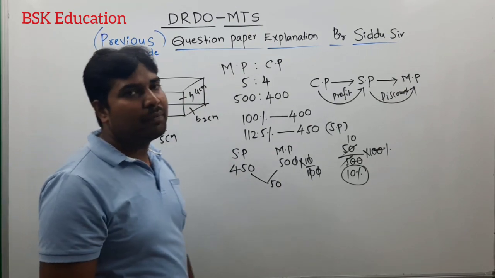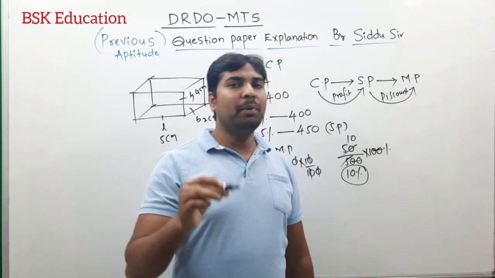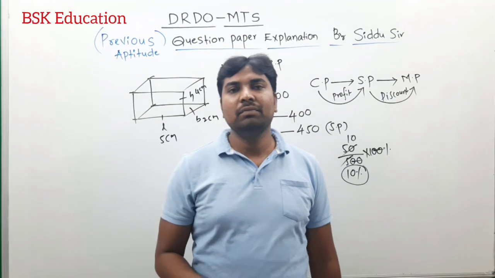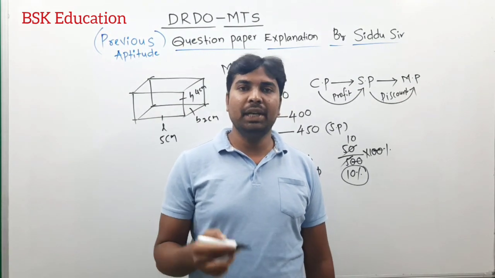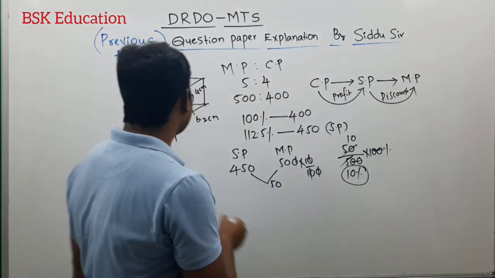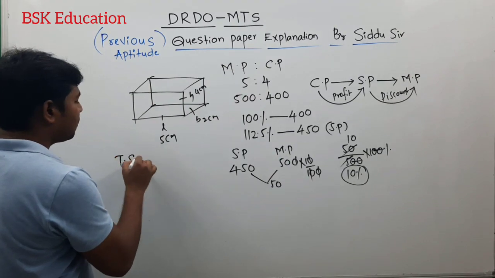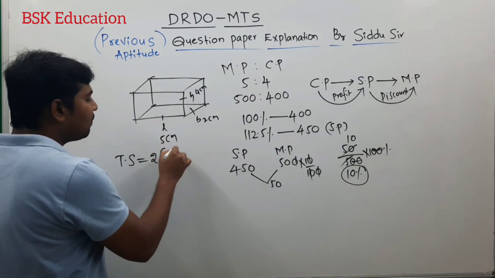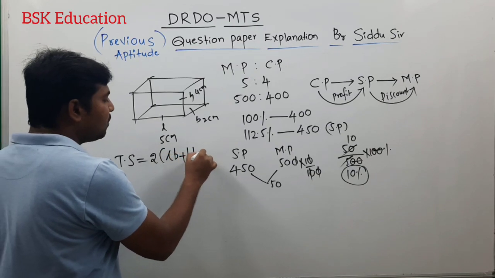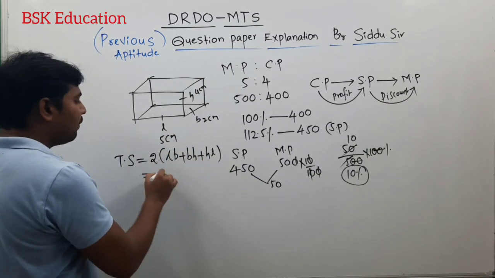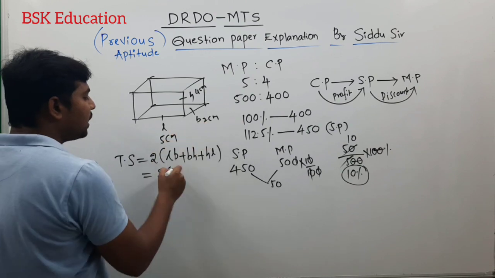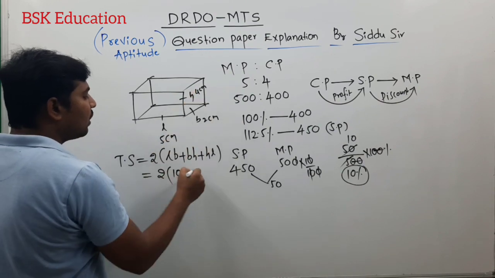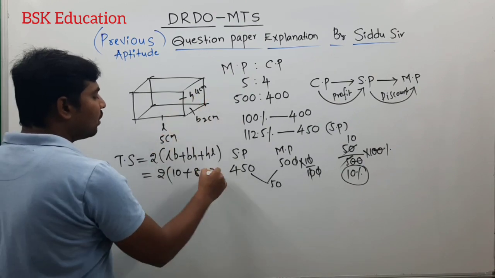What is the total surface area of the cuboid? You know the formula: 2 of LB plus BH plus HL. Simplify: 5 into 2 is 10, 2 into 4 is 8, 5 into 4 is 20.